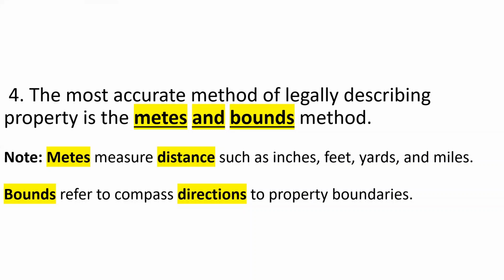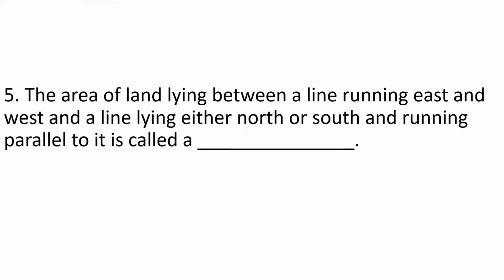Whereas bounds refers to the directions of the property boundaries, property lines. So are we going north, south, southwest, southeast? So remember, metes refers to the distance and bounds, if you can think of it, okay, where are you bound to? So that's directions.